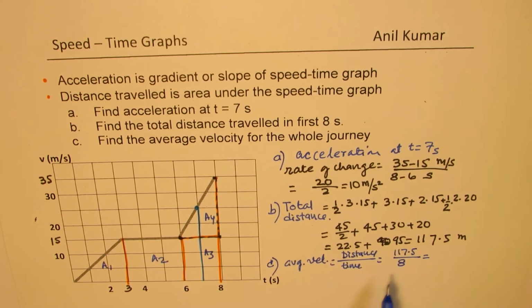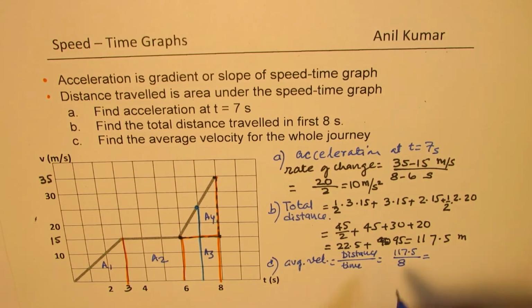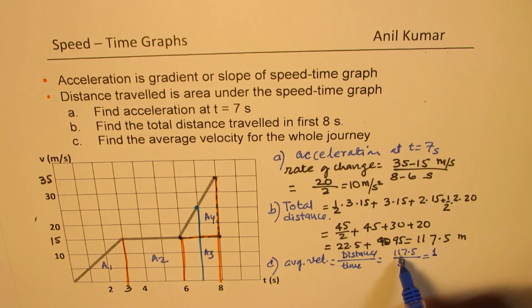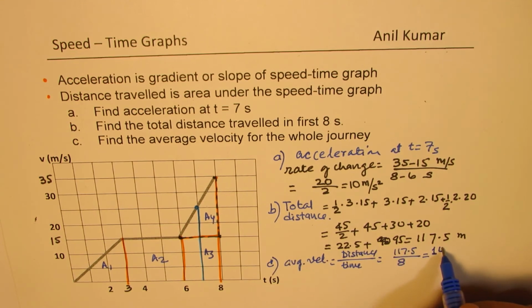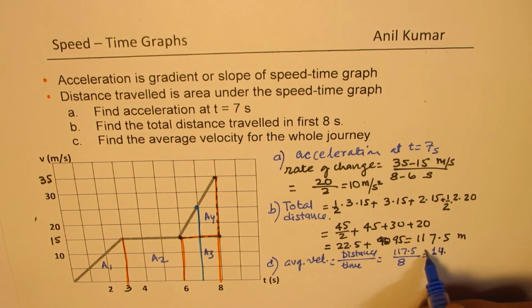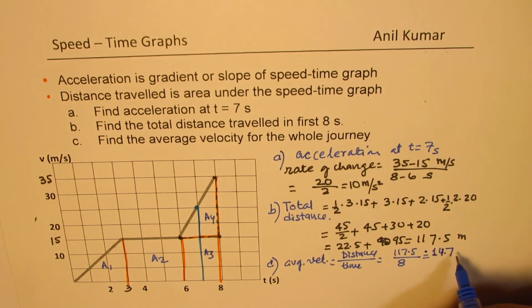So we can get the velocity. 8 times 14 is 112, and the remainder gives us 55. 8 times 7 is 56, so we can say approximately 14.7 meters per second.